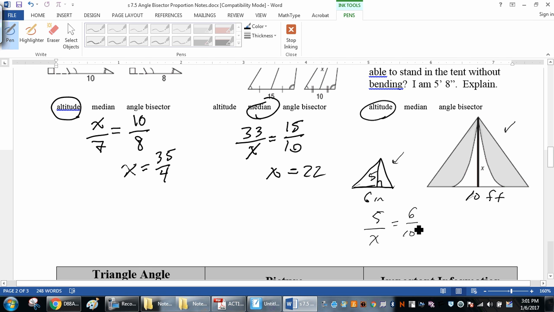We cross multiply and solve. We end up getting x equals 8.3 repeating feet. Now, if you're 5'8" and the tent's 8.3 feet tall, of course, yes, you can stand, because the tent is much taller than you.